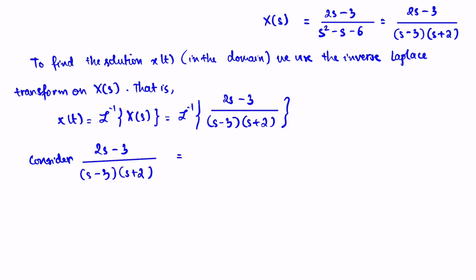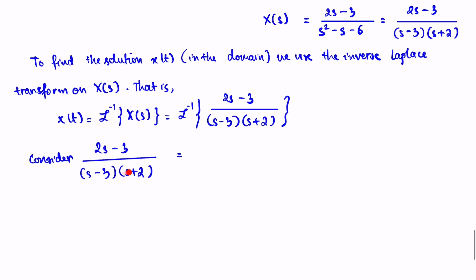Now you're going to separate this into two smaller fractions, and in the denominator you have two linear terms, and therefore the decomposition is going to be A over s minus 3 plus B over s plus 2. So let me quickly note that this is partial fraction decomposition.